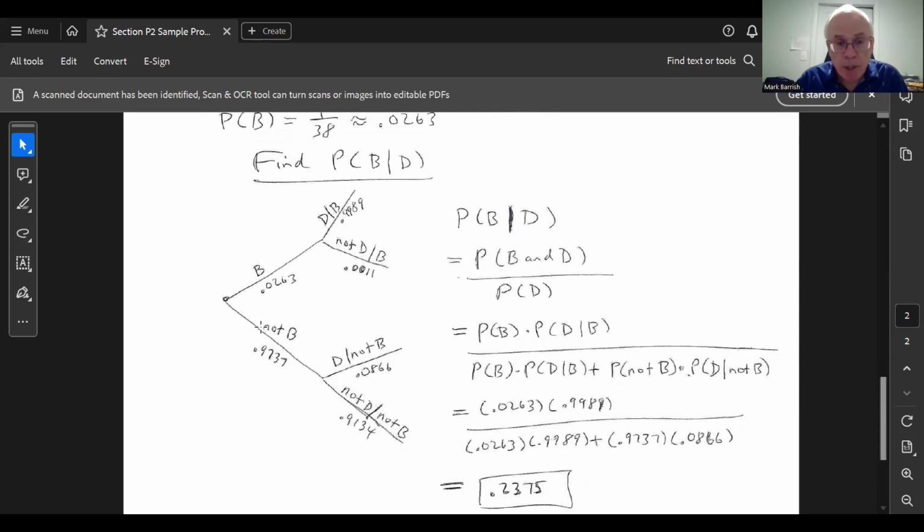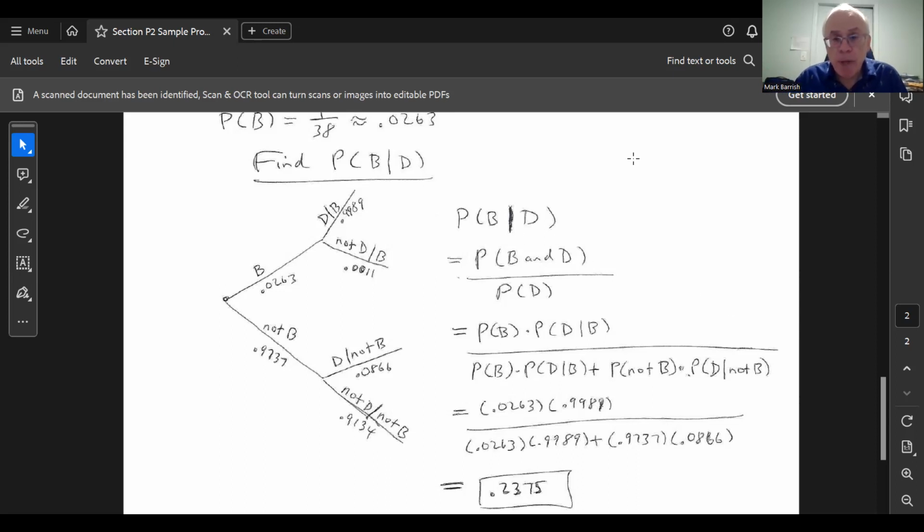But if you simply multiply all the branches through, and then add the two branches you need for your denominator, these two branches multiplied and these two branches multiplied, and add those two numbers up, that's your denominator. The multiplication of those two numbers gives you the numerator, and you're done.